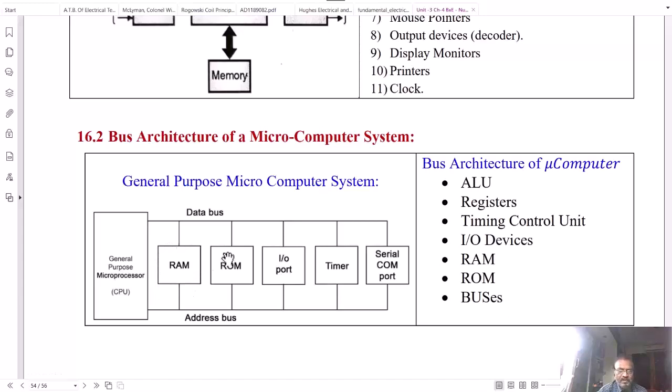and therefore the programs which are available in the ROM or in the secondary memory like hard disk are first brought to RAM, read-write memory, and then the execution is done by the microprocessor or central processing system.